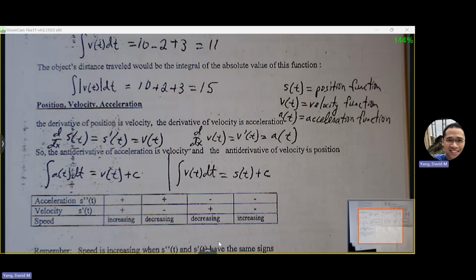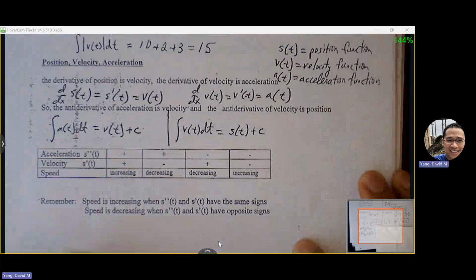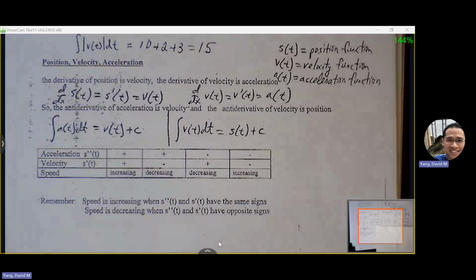The antiderivative of velocity is s of t plus c. Just undoing our derivative process. All the relationships are still the same in terms of increasing and decreasing speed. Same signs indicate increasing speed. Opposite signs indicate decreasing speed.